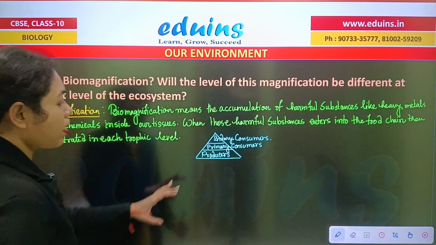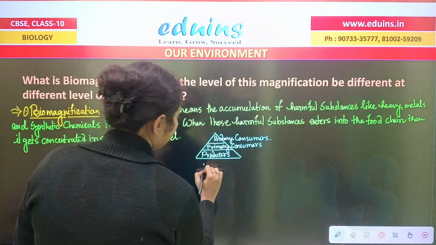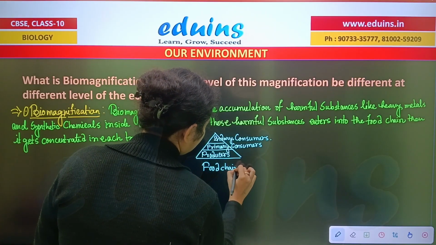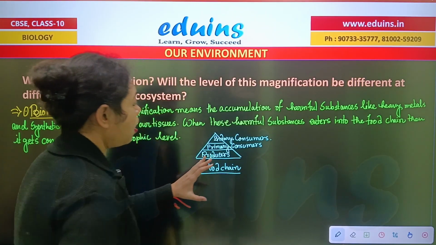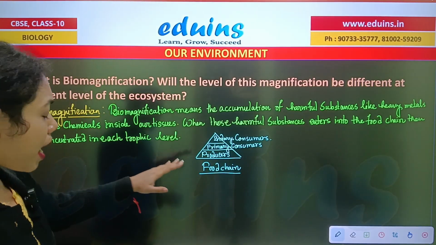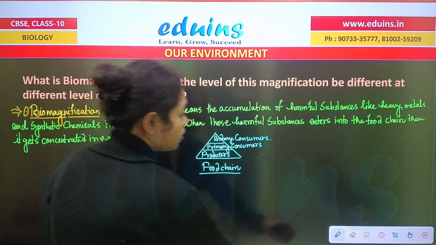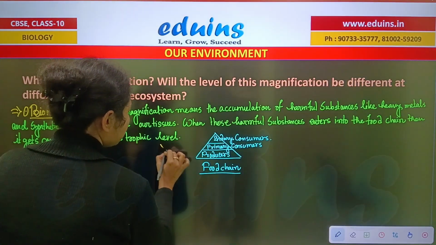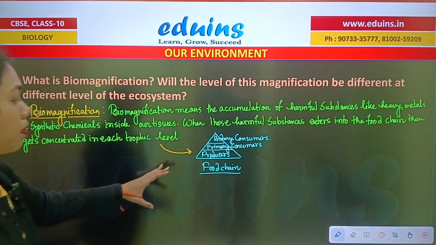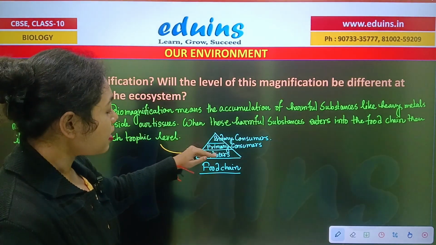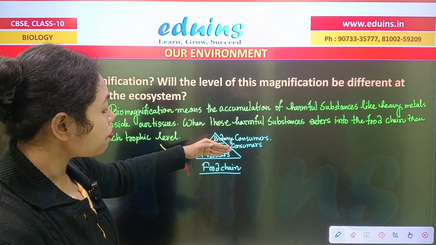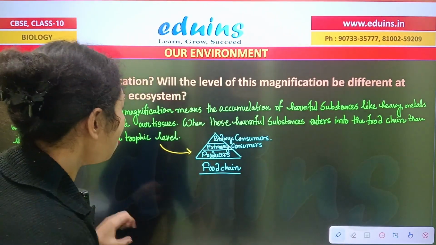Okay, so suppose it's a food chain, you all know. So when biomagnification happens, when the harmful particles are taken up by the producers, then they get more concentrated in the primary consumers' body, then more concentrated in the secondary consumers' body.